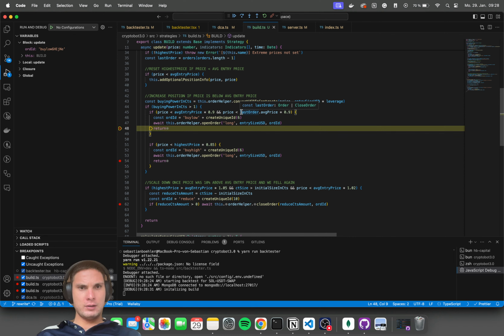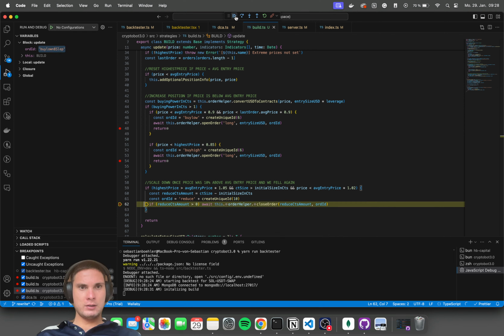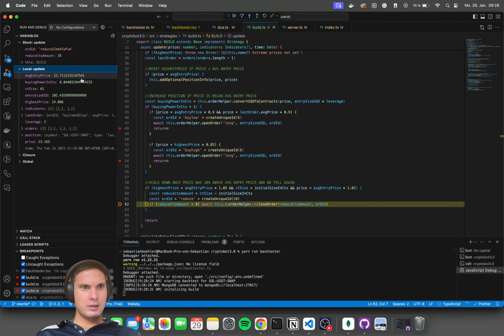Now we have a buy low. Ah, okay, we changed this. So we have a buy low, we have another buy low. Now we reduce because the highest price is more than the average entry price, and we fell down again. So we reduce to get back our buying power if we fall further.